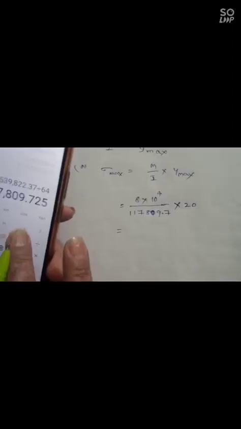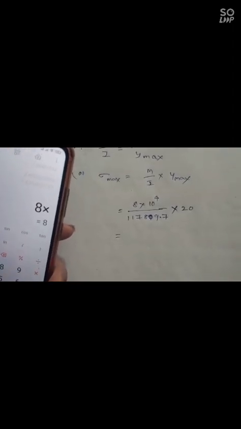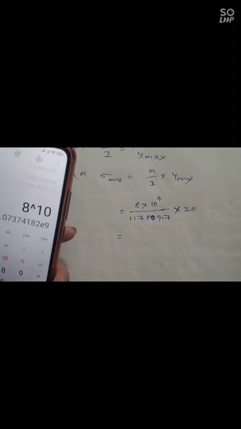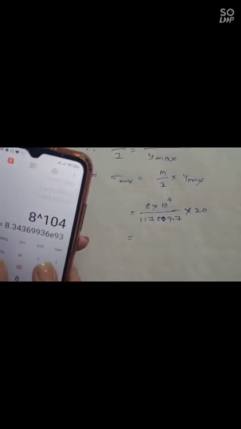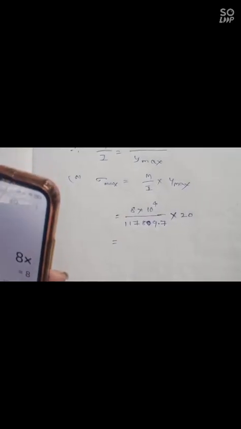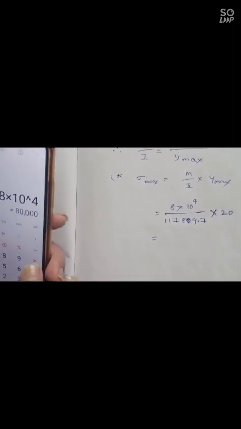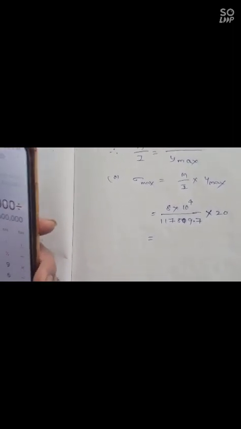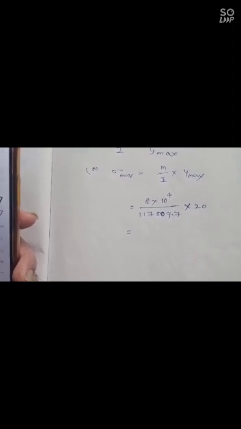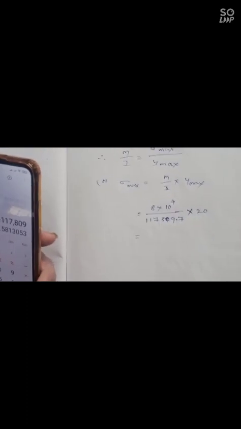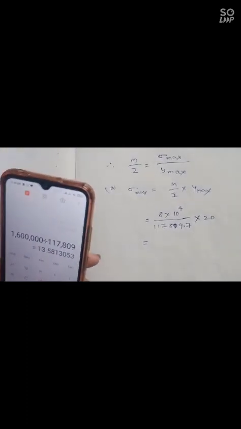Okay, so that was equal to 8 into 10 to the power of 4 into 20 divided by 1,17,809.7.